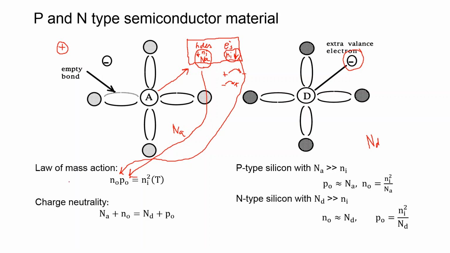Now this is a law known as the law of mass action, which says that the total number of electrons at thermal equilibrium multiplied by the total number of holes will be equal to Ni square. So this is a constant value. This will be very small, this will be large, but the multiplication of these will be a constant value.